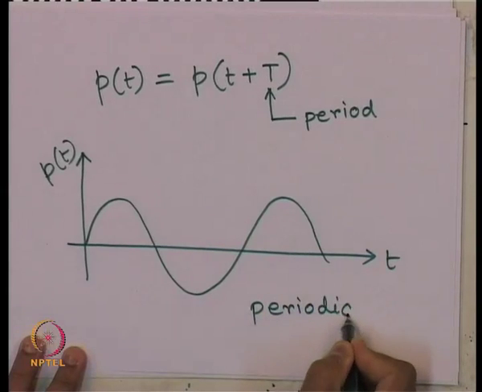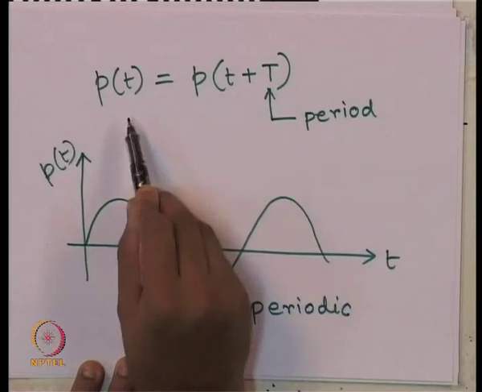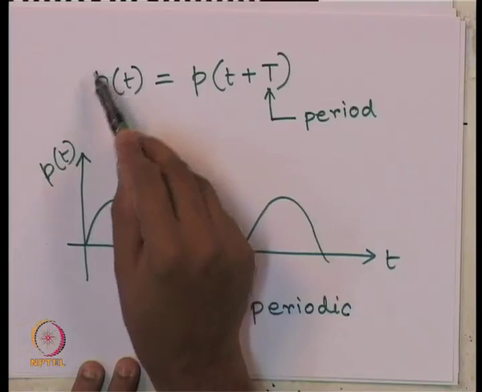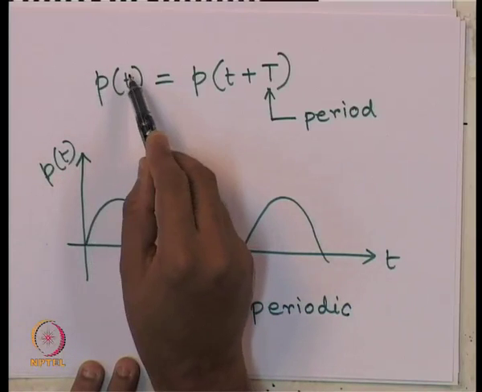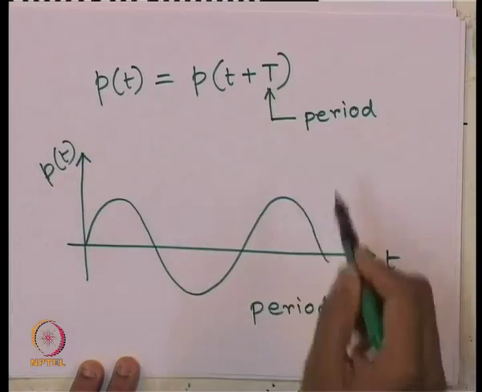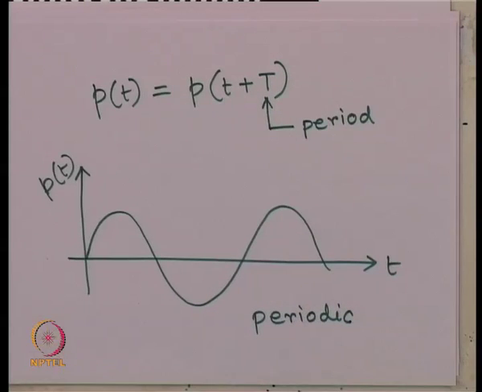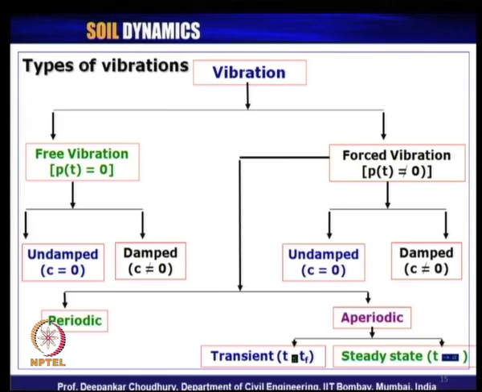forced vibration. And suppose this relation is not holding good, that is, if this variation of the externally applied dynamic load is not repeating after a certain interval of time or after a certain period, in that case it is called aperiodic. So, let us look at the slide once again.